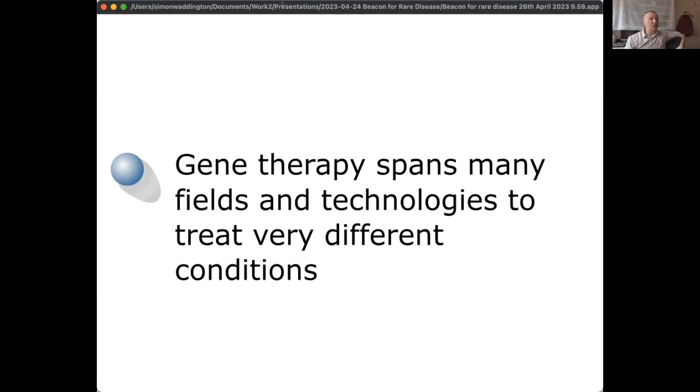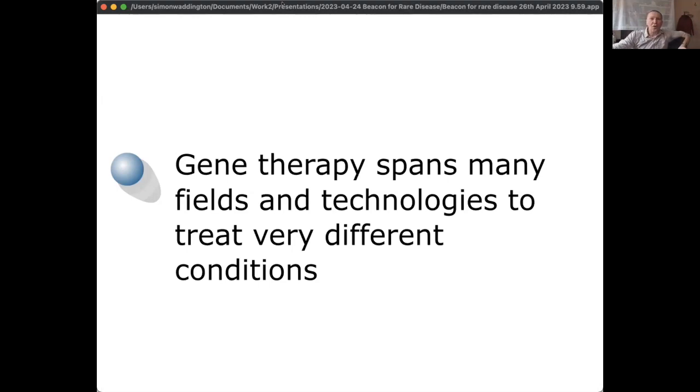So therefore you don't cause any inflammation, you don't cause any immune response, and you're trying to put back a therapeutic gene. So we've got a massive suite of technologies which are all bundled together as gene therapy. And although in the field we all get together, we all get on very well, we're working on, in some cases, quite different technologies.